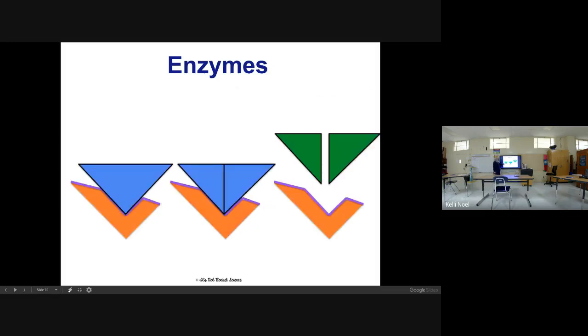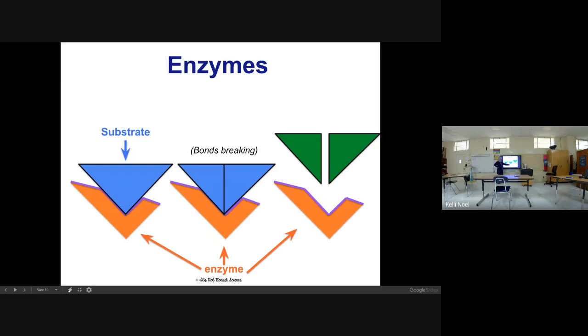Okay. All right, so if we are breaking apart, breaking bonds, we're going to have a substrate and an enzyme. They're going to come together at the active site. The activation energy to do this is going to be lowered so that the bonds are breaking.